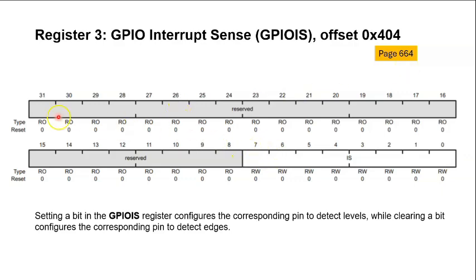Only 8 bits of the 32-bit register are used for the interrupt sense. Setting a bit in the GPIOIS register configures the corresponding pin to detect levels, while clearing a bit, that means setting it to a 0, configures the corresponding pin to detect edges.